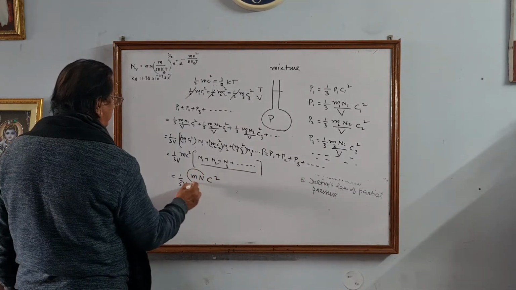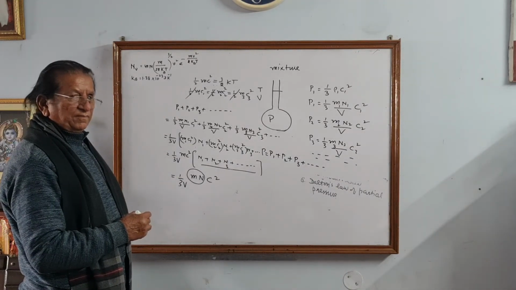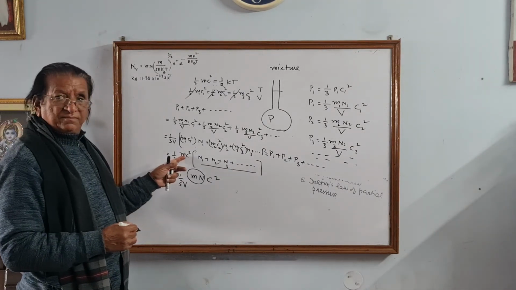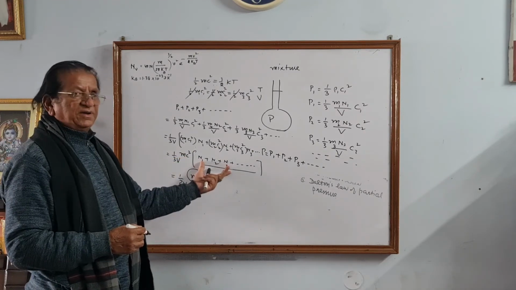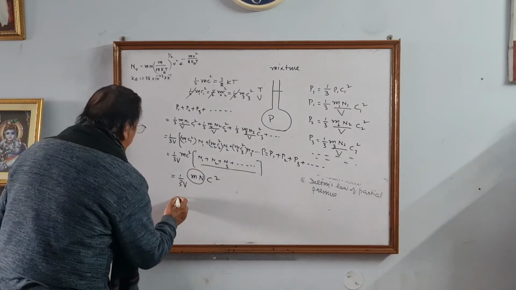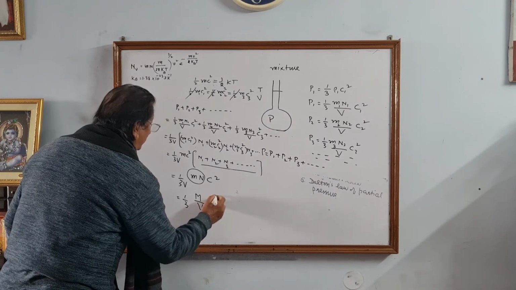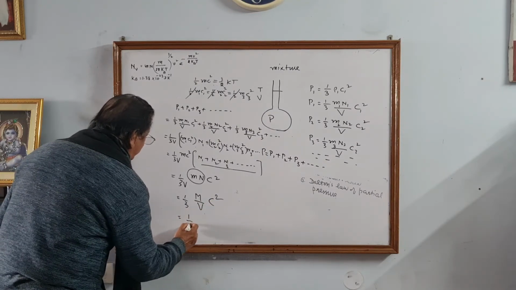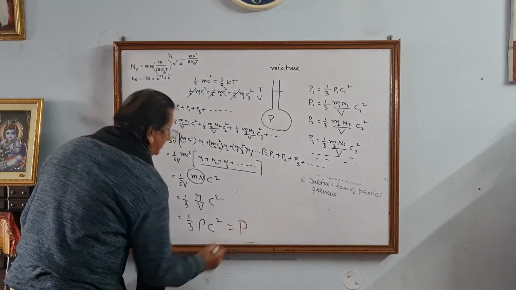Okay, m into n means mass of the mixture. मास ऑफ वन मॉलिक्यूल है, ये टोटल नंबर ऑफ मॉलिक्यूल ऑफ द मिक्सर है, तो ये मास ऑफ द मिक्सर हो जाएगा। इट विल बी 1 by 3 m by v c square, तो इट विल बी 1 by 3 rho c square, and this is equal to the pressure exerted by the mixture.